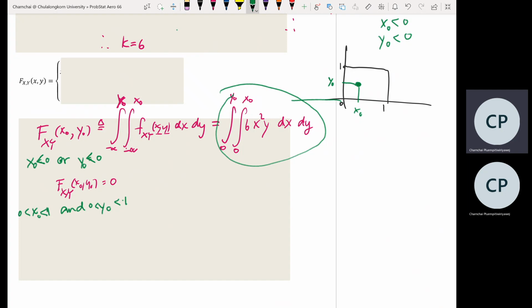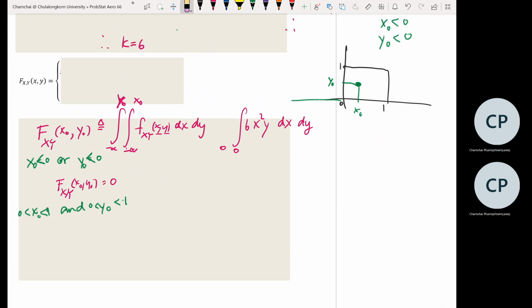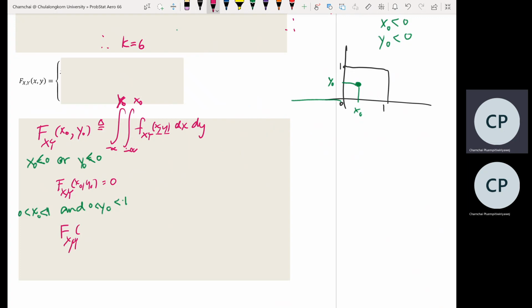I need to move this over here. Then F(x naught, y naught) is going to be the integral of 6x squared y dx from 0 to x naught, and dy from 0 to y naught.